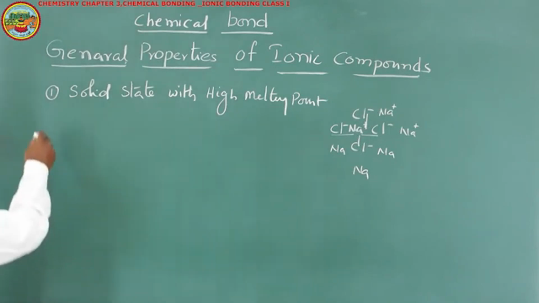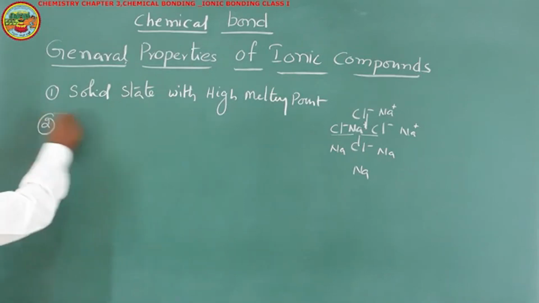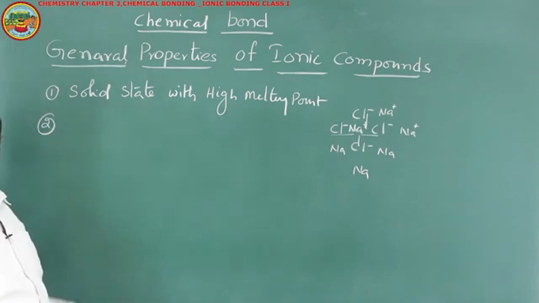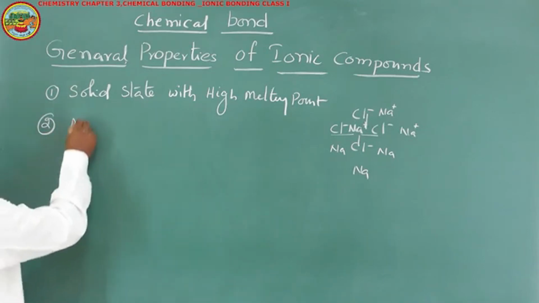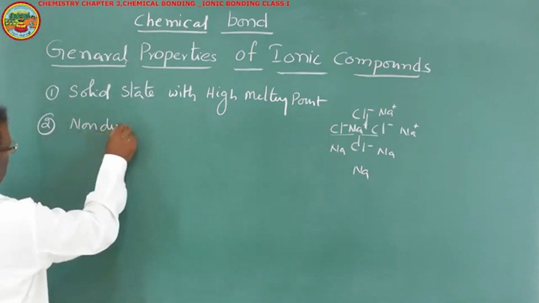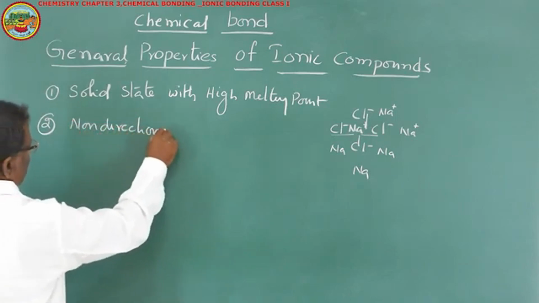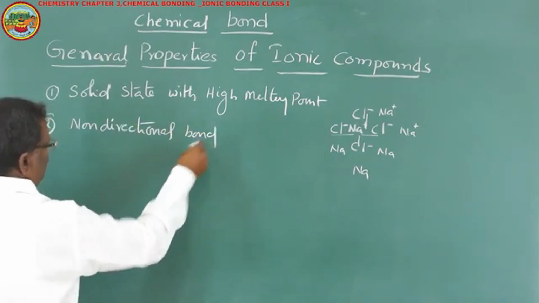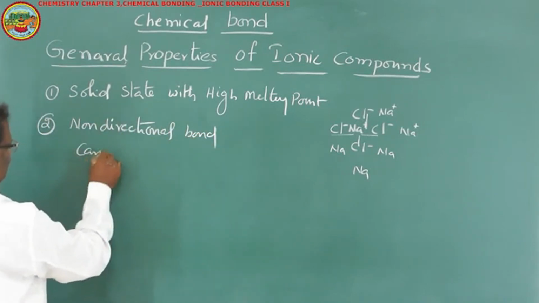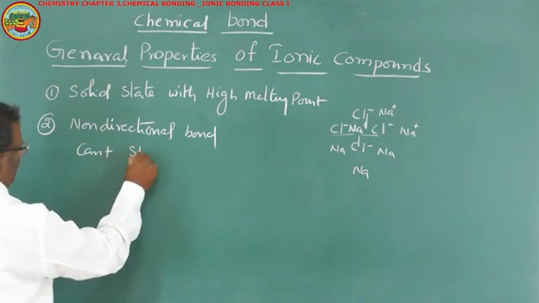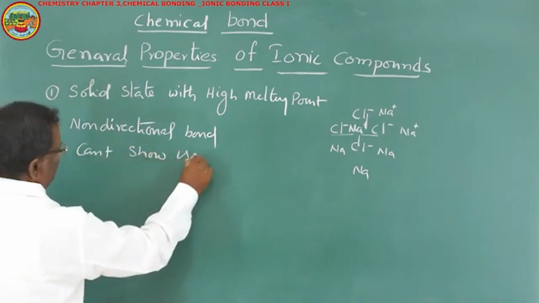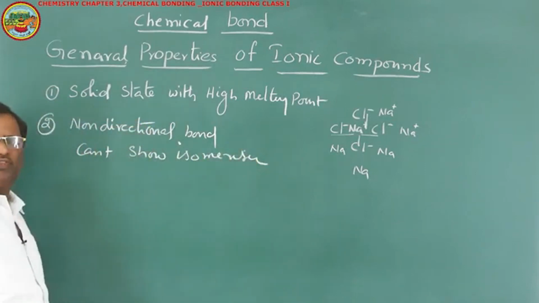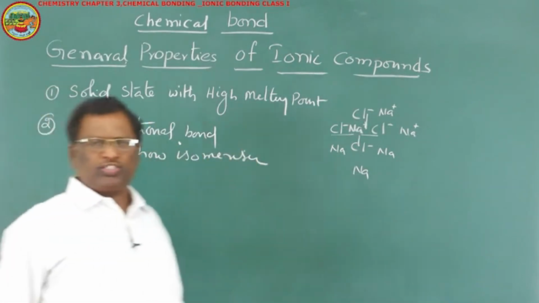Next. Just now we discussed that this bond is a non-directional bond. So it cannot exhibit or cannot show isomerism. Isomerism is a fundamental property of covalent compounds.